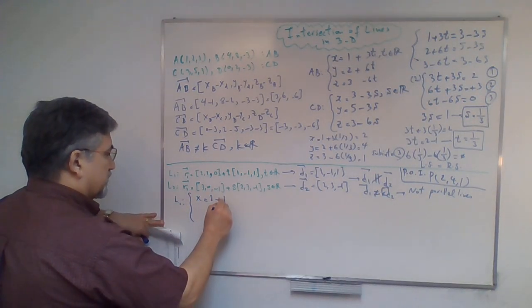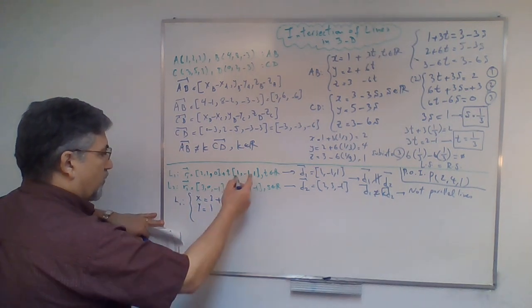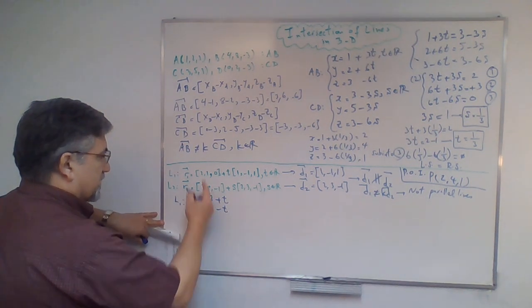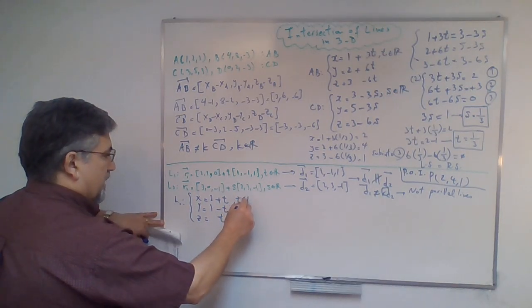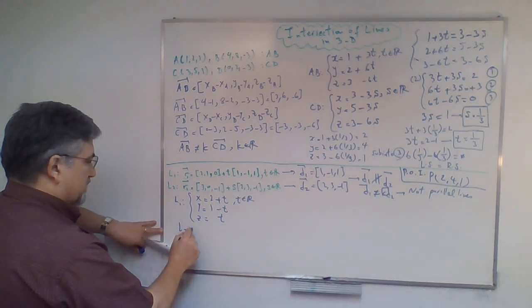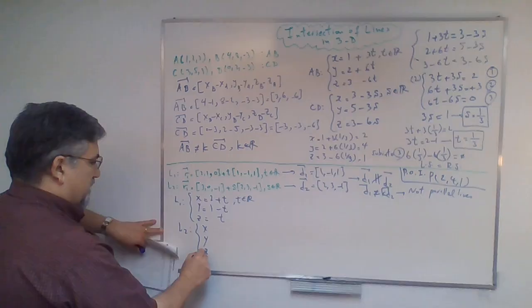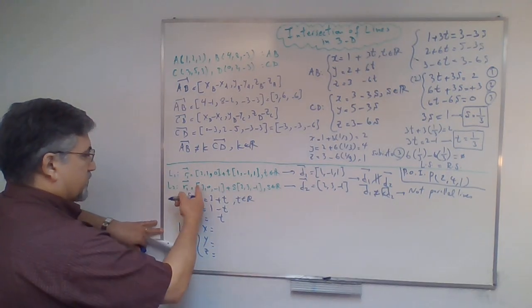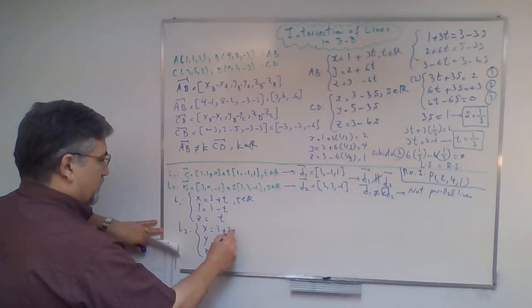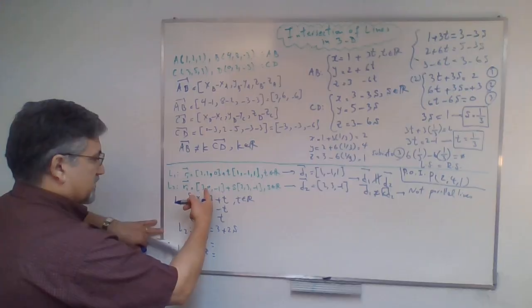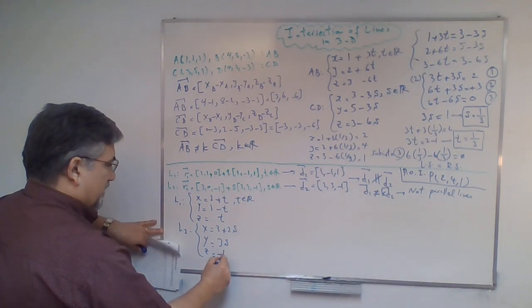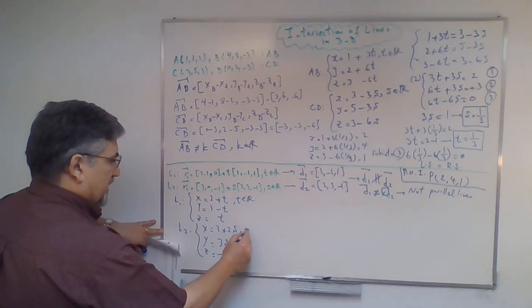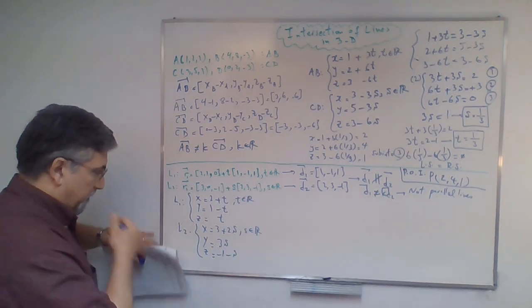So 2 plus t, 1 minus t, and 0 plus 1t is just t. And for the second one, line L2, it would be 3 plus 2s, and 0 plus 3s, and -1 minus 1s, and s is a real number.